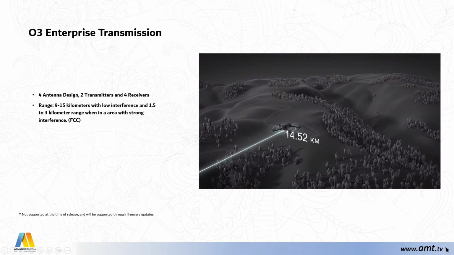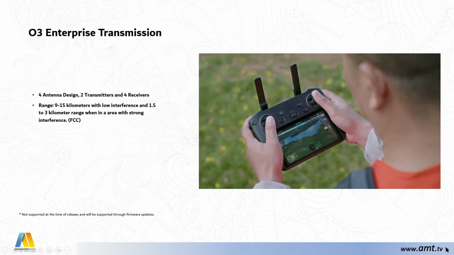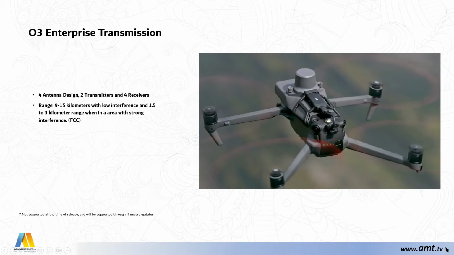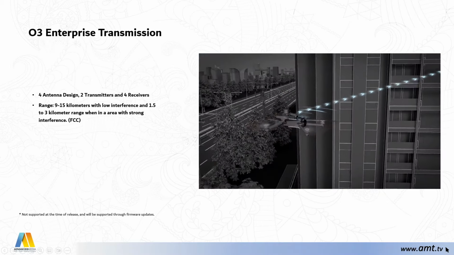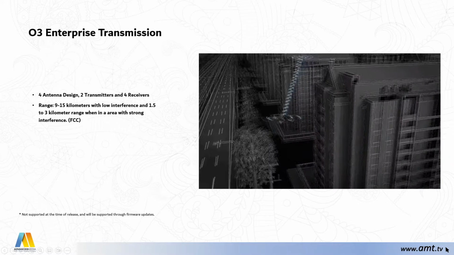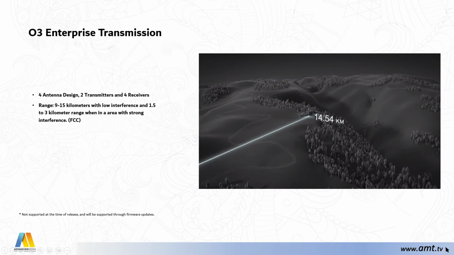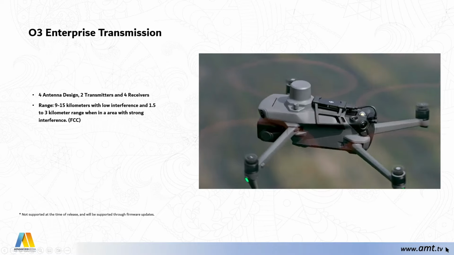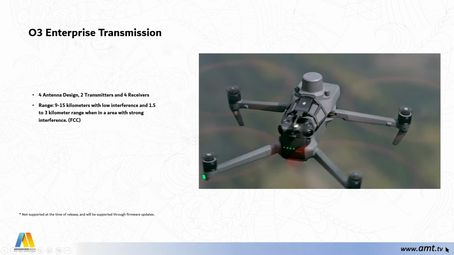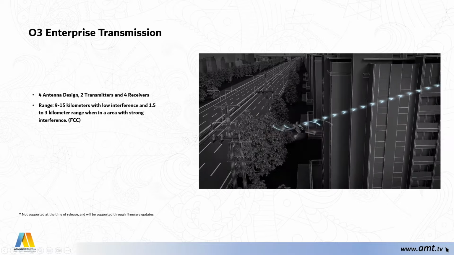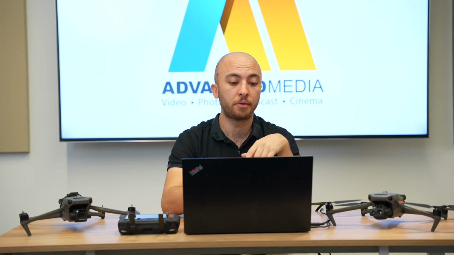Imagine you will be able to fly the drone up to 15 kilometers from your place. So it's not comparable to Wi-Fi, of course. So this is the O3 Enterprise transmission system. It's the same as the M30. It's using the same transmission system as the M30 drone.